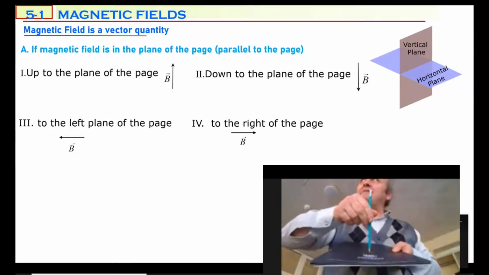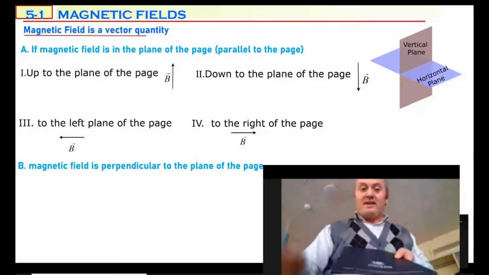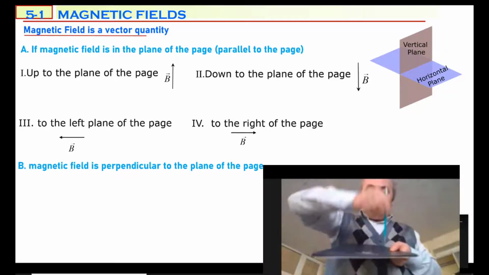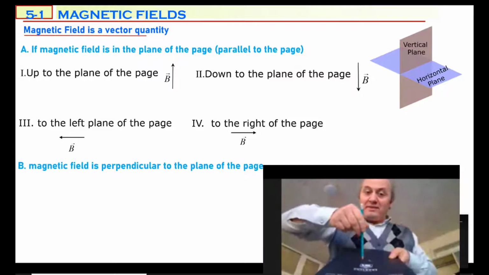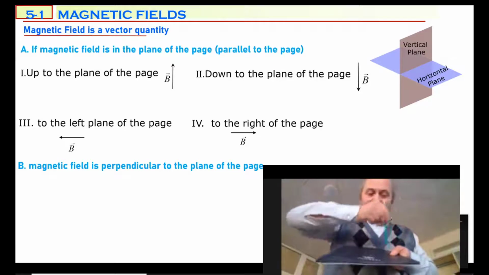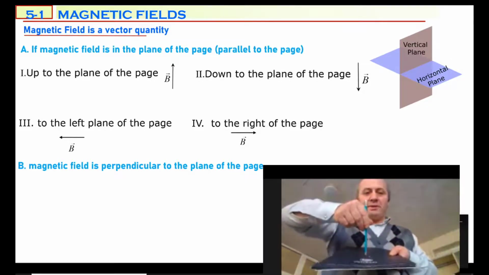If the magnetic field lines are like this pen, then the magnetic field is perpendicular to the plane of the page. Assume that there are several pens, all perpendicular to the plane of the page.